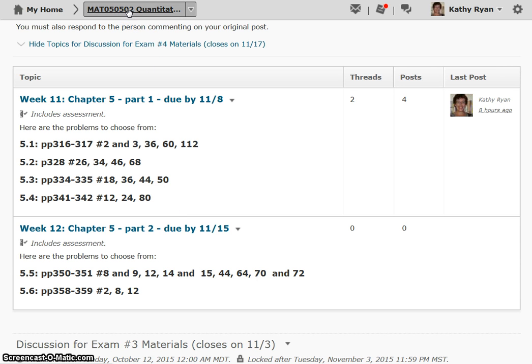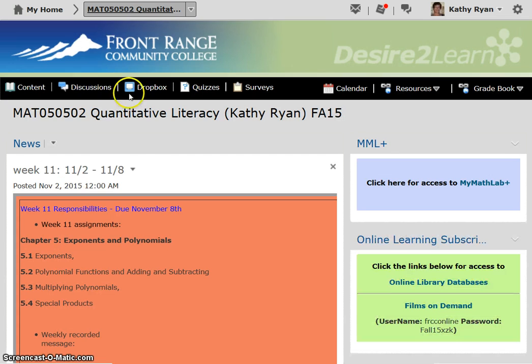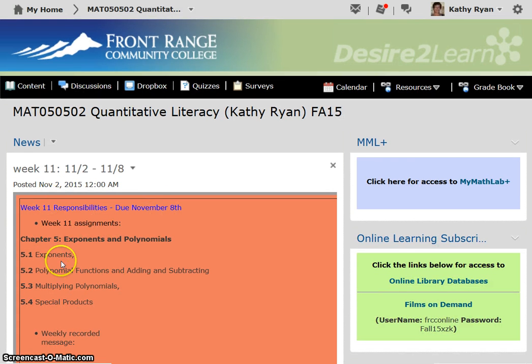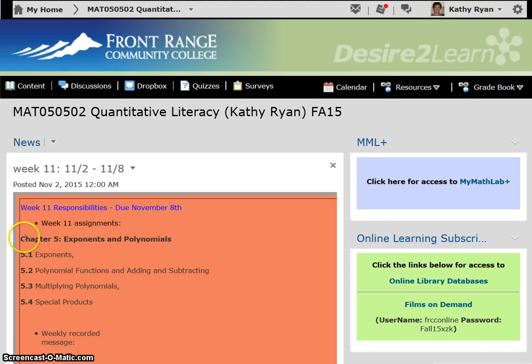Now, going back to the topics that we're covering this week, we are covering exponents. And I want you to make sure that you understand the difference between what the exponent means and what it looks like. Because some people look at an exponent and they say, oh, it means multiplication. And it does mean multiplication.